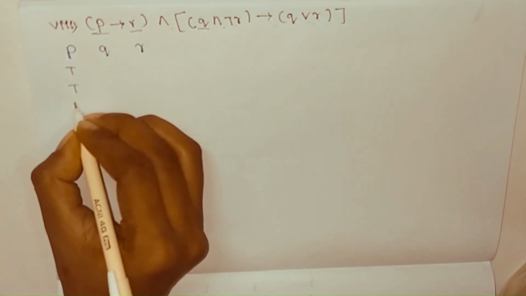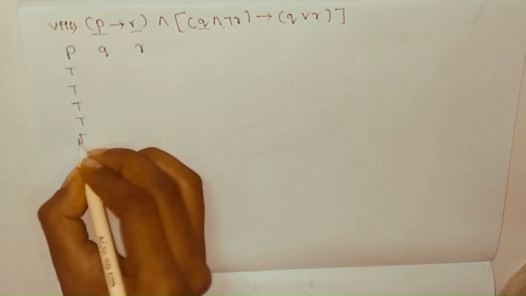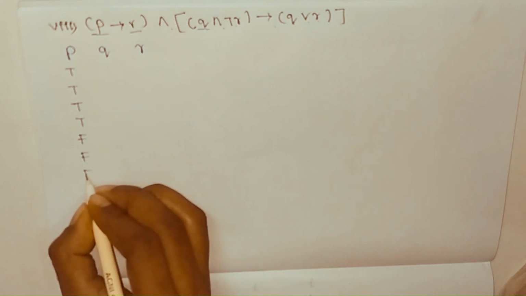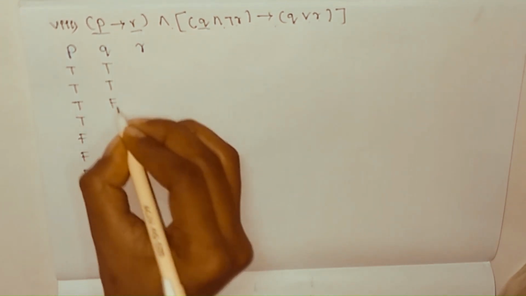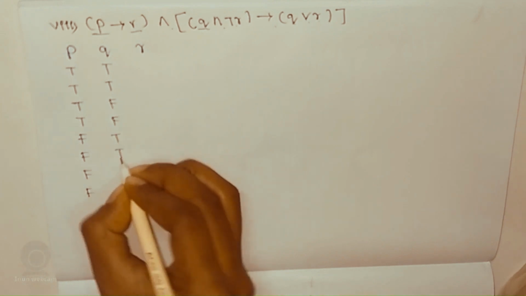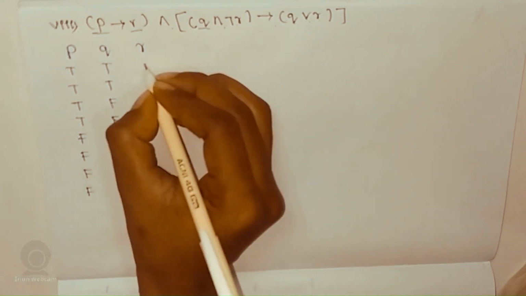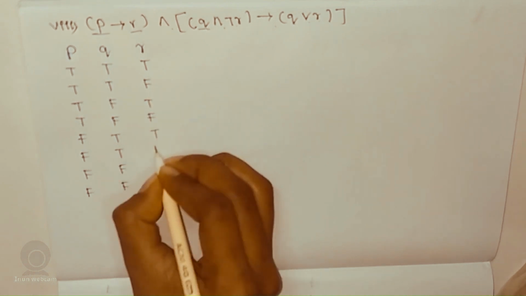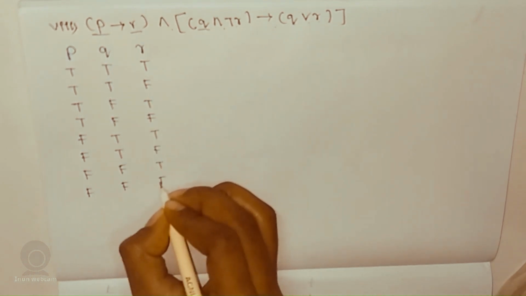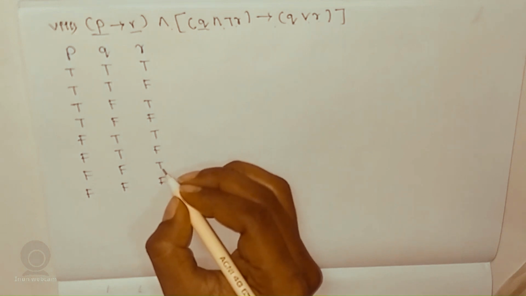They are true, true, true, true, false, false, false, false; true, true, false, false, true, true, false, false; true, false, true, false, true, false, true, false. We have to remember it like this only.